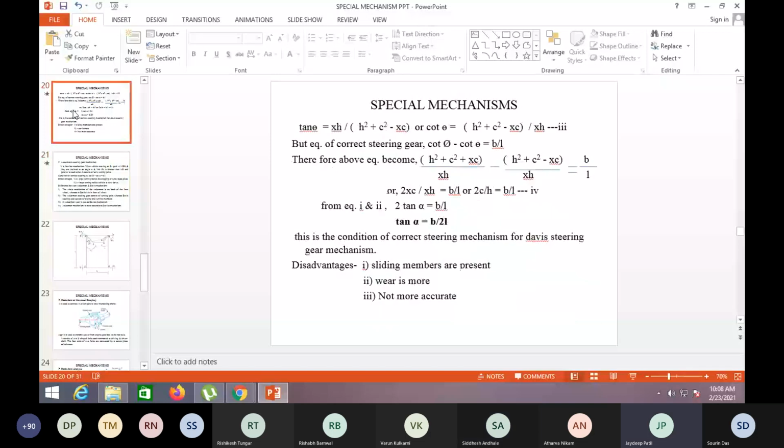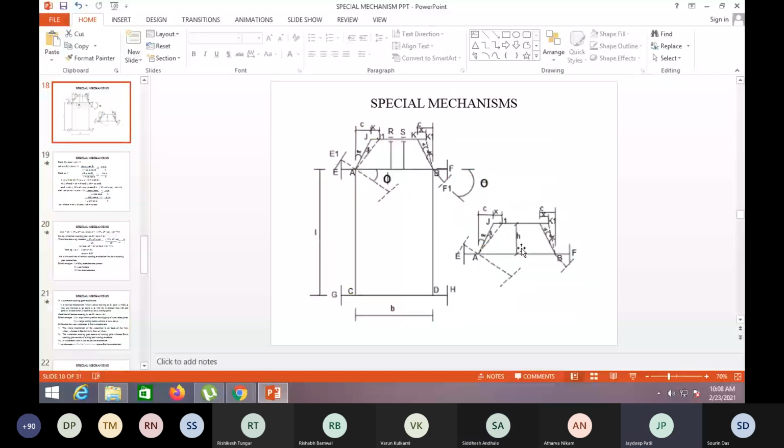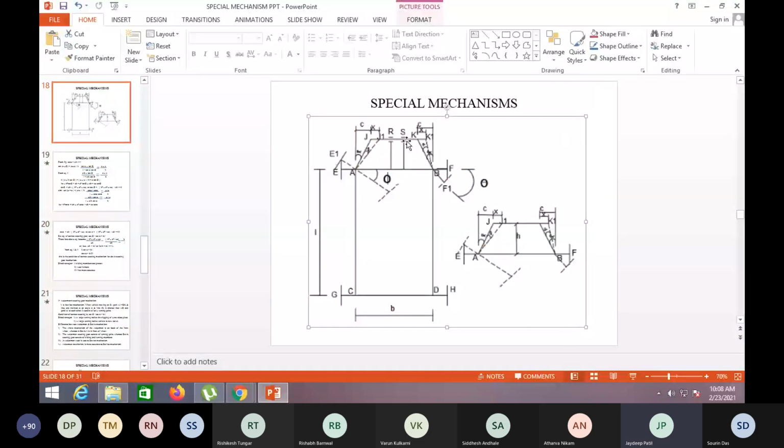Now this is the Davis steering gear mechanism. Here the whole mechanism is located in front of the front axle, and there are R and S, which are the guides. Inside that guide, the JK link slides. There is a sliding pair also.